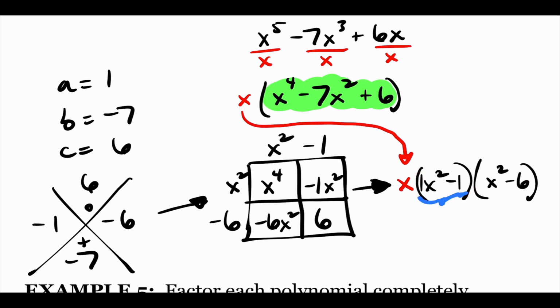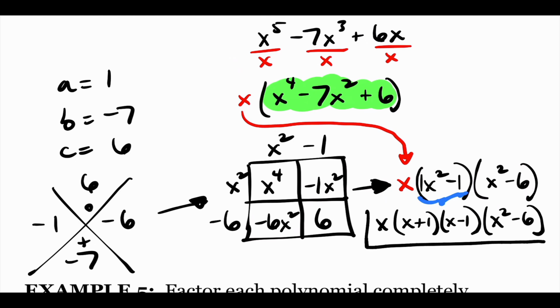So it's going to be x plus 1 and x minus 1. So I have the x in front, these two, and then this one. 6 isn't on my list, so I don't need to worry about that. So that is completely factored.